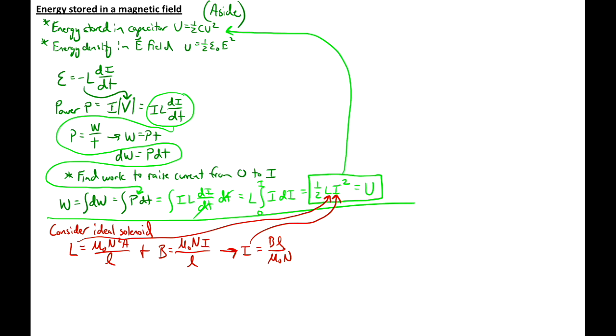It turns out that now we have U is 1/2 B squared over mu naught times A times L. A is the cross-sectional area of those loops or coils. L is the length of the solenoid, which means that this thing is essentially the volume enclosed by the solenoid or by the inductor.